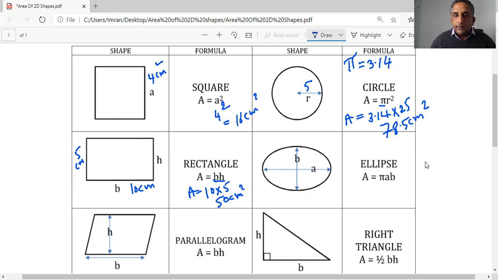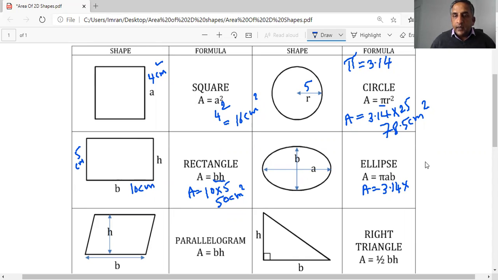Okay, the next shape is an ellipse. An ellipse, what is it? The area is equal to pi, which is 3.14, times a times b. An ellipse is a shape which is not actually a circle, but it is like a bended circle, I would say, right?